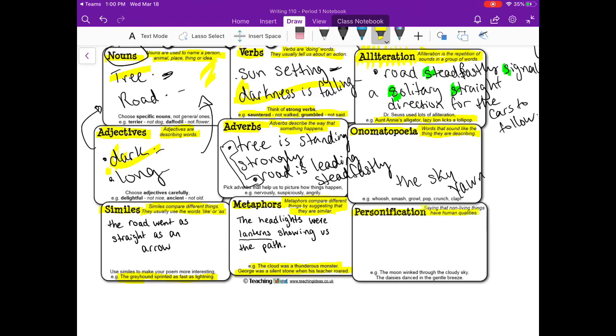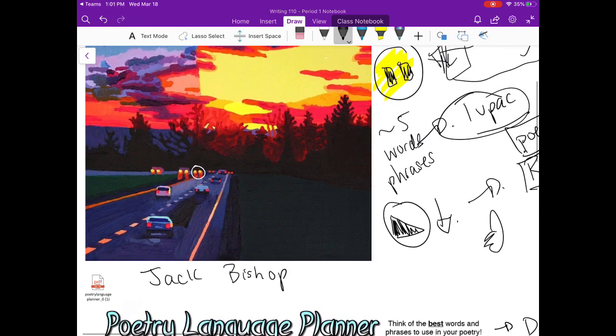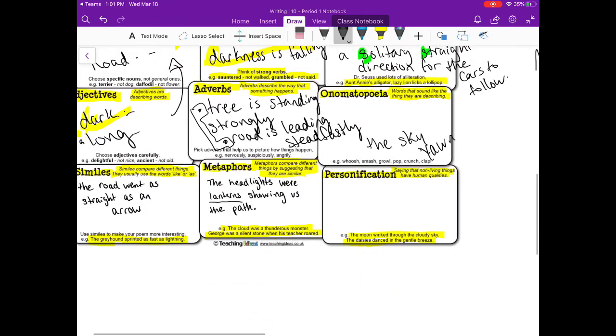Lastly, personification. Non-living things have human qualities. Example, the moon winked through the cloudy sky. The daisies danced in the gentle breeze. I already know what I want to do. I thought about this when we were doing onomatopoeia with that yawning, right? So who yawns? People typically are the ones who are yawning. I'm going to make the sun yawn.